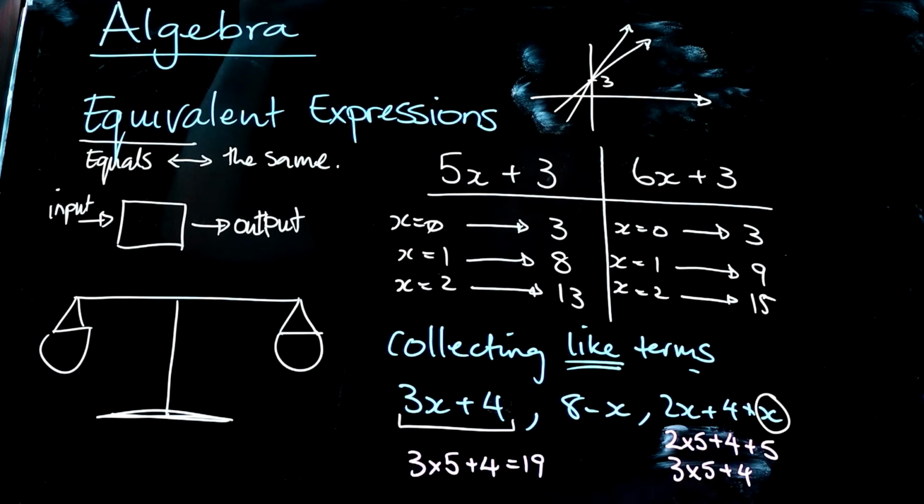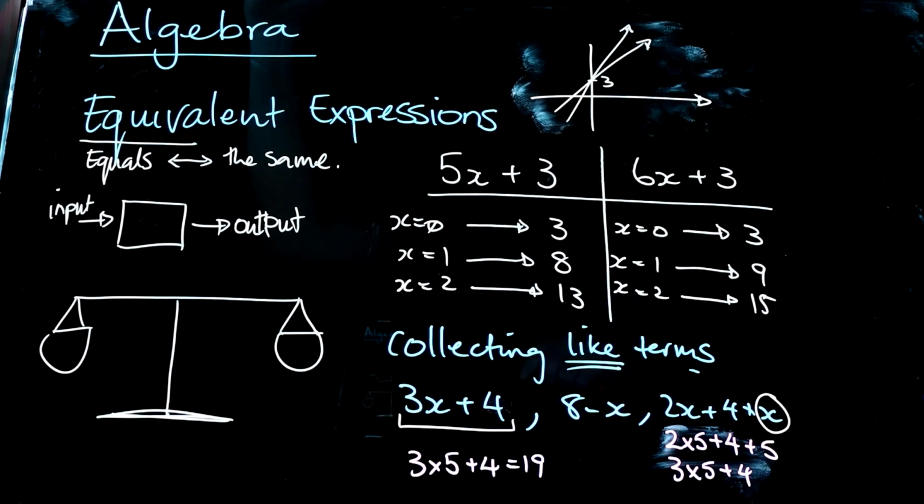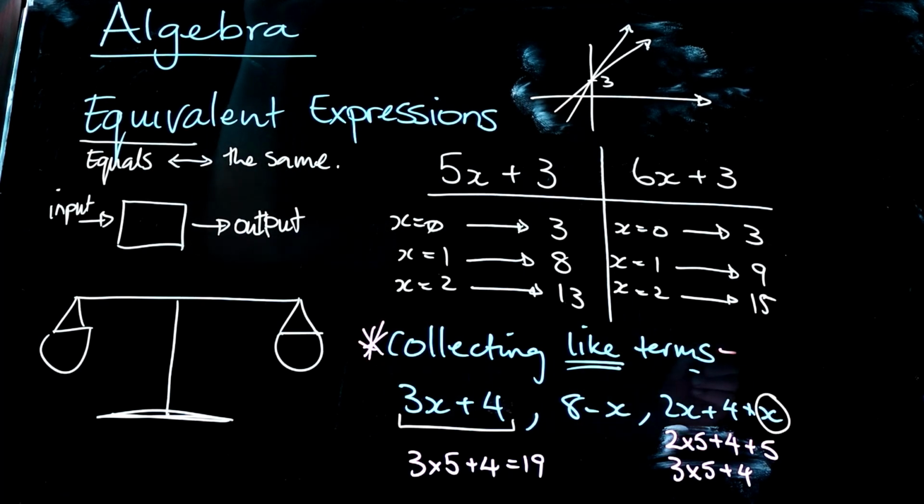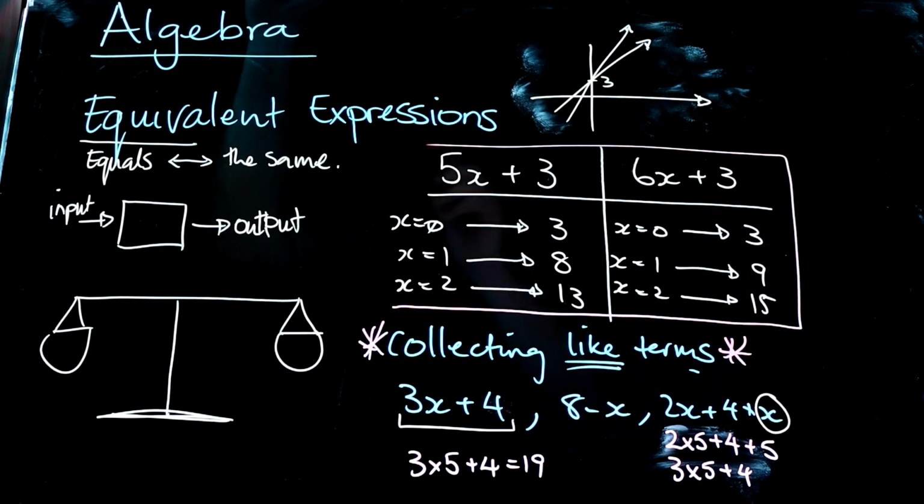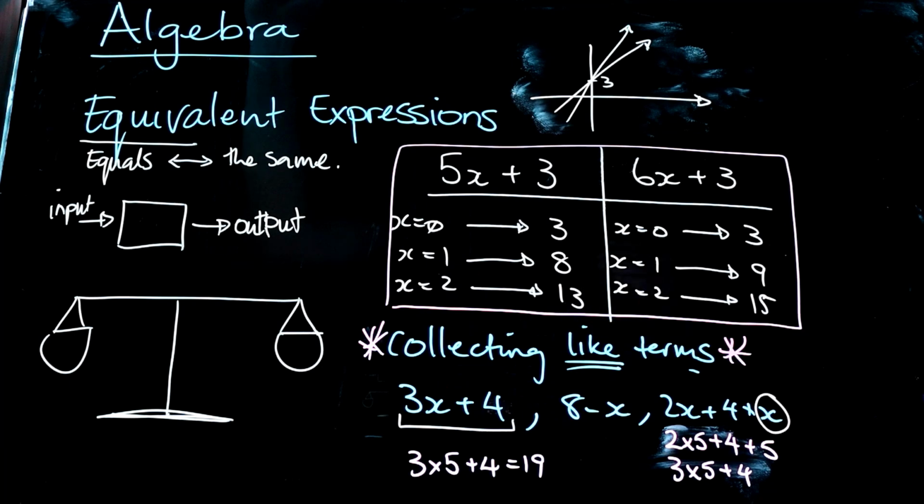We're going to end up in the same spot. So collecting the like terms, if you can see it at this stage, will help you identify whether expressions are equivalent or not. If you can't see it or don't understand what I just said there, wait till the next lesson and we'll get you doing this step, collecting like terms, and then you'll see what I'm saying. Until then, you can always map it out in a table. And if they're equivalent, they're always going to be producing the same values. Okay, thank you.